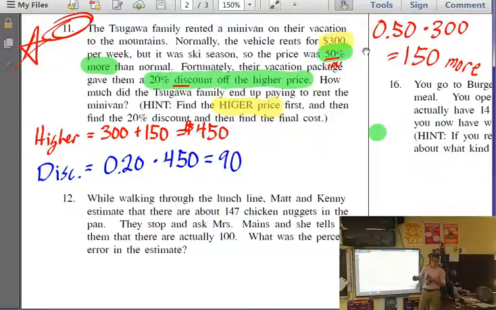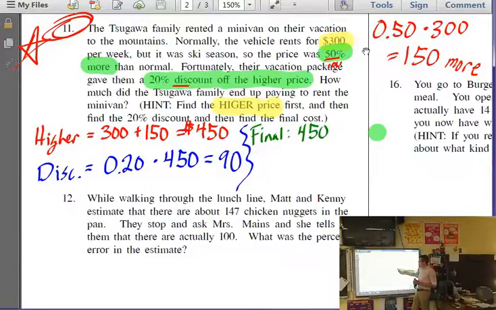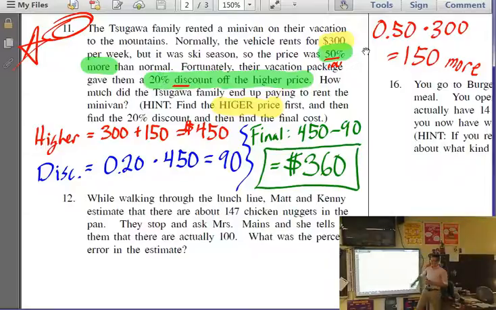So once we get to 90, we then, to find the final price, take the higher price minus the discount, and we find out that in the end, we would be asked to pay, if we rented from that same company, $360. Now that's when you could shop around and try to find out, does anybody have a better price than that for the van?